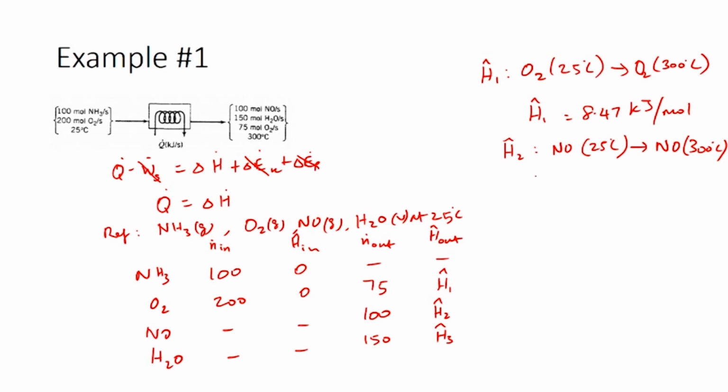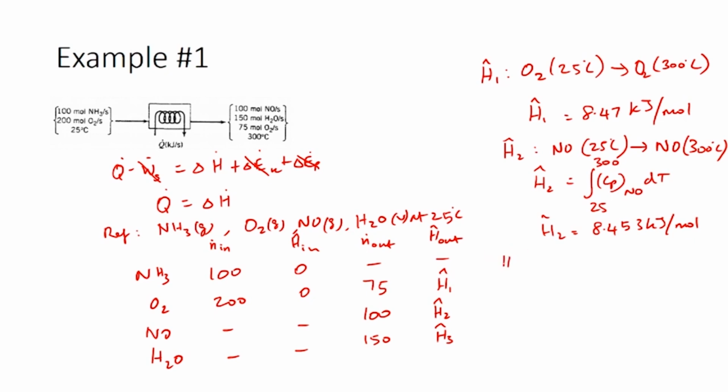So, you have H2 cap, which would be equal to the integral of Cp of nitric oxide dT from 25 degrees Celsius to 300 degrees Celsius. You can look up the Cp value for nitric oxide gas and you would be able to perform this integration, and you would end up with H2 cap equal to 8.453 kilojoules per mole.